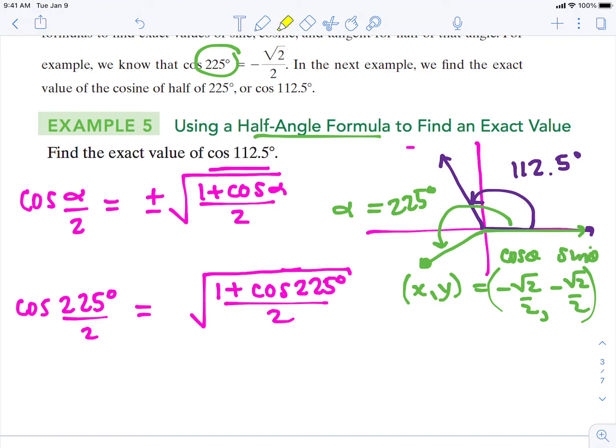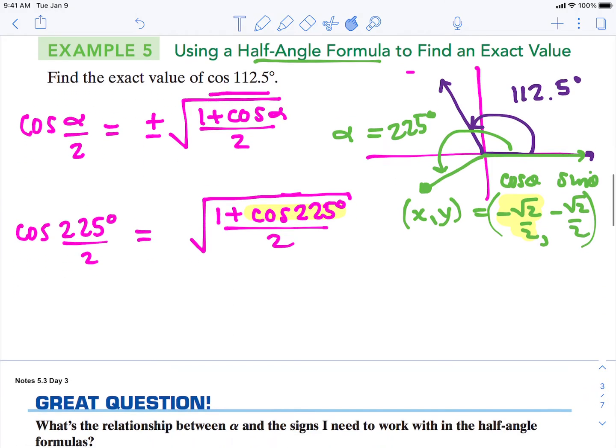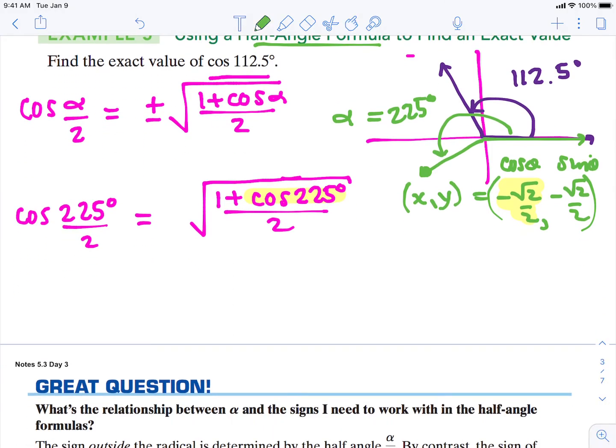Well, we're going to work with the cosine value, and we're going to substitute that fraction into the cosine of 225 degrees. So we get 1 plus negative square root of 2 over 2, all over 2.